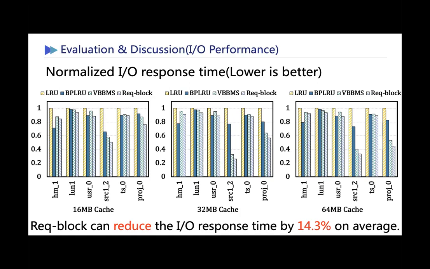We argue that the optimization of I/O response time is related to not only the cache hit ratio, but also the utilization of multiple channels in the context of SSDs.